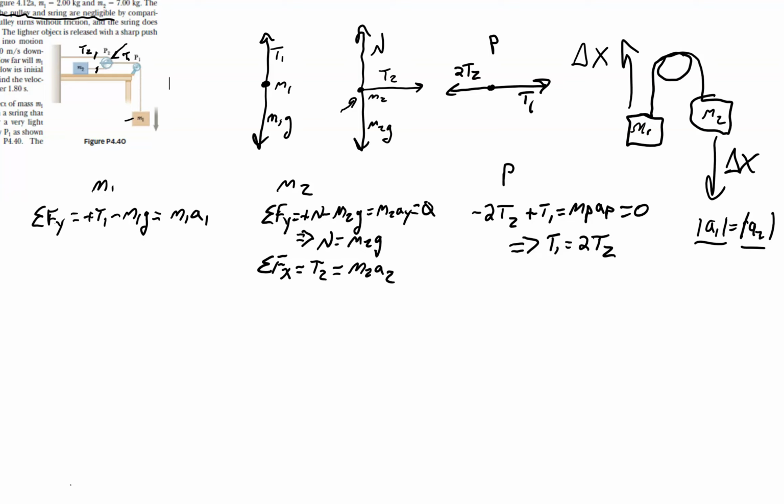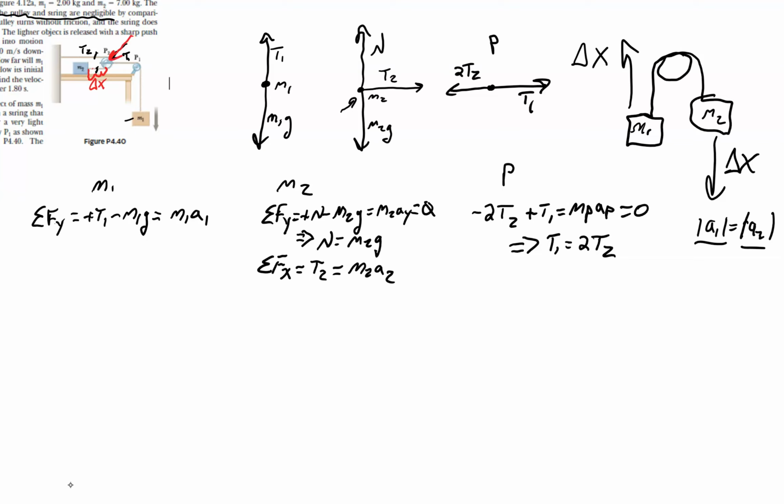This case, not so simple, right? This pulley has a different string than the other pulley. They don't have to move at the same rates. In fact, they definitely won't move at the same rates. In fact, if I move M2 forward a distance delta x, then what happens is I've got delta x worth of slack now.